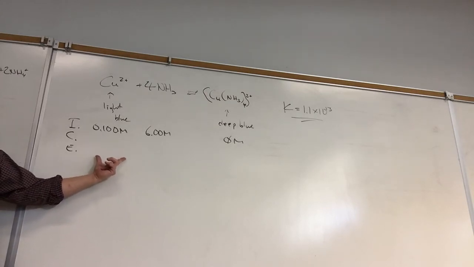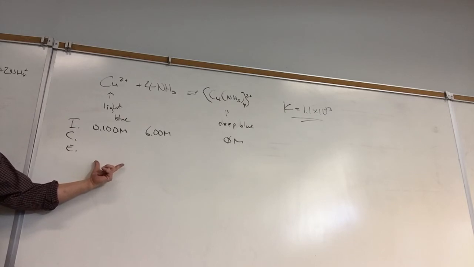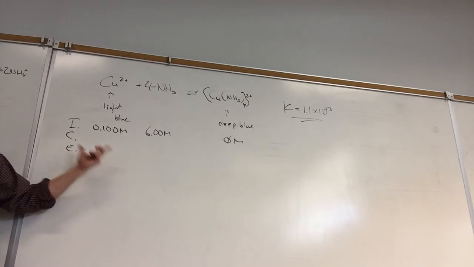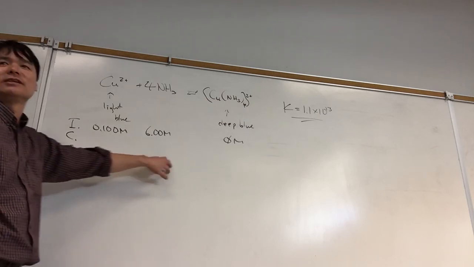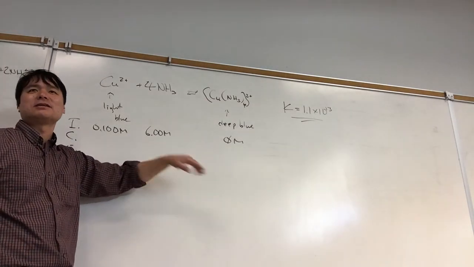How much is that little bit that's left over? We want to know that. And so this is why we're going to do a Chem 1B style calculation for this. All right, so why don't you go ahead and start this, and tell me how much that little bit that's left over is going to be, okay?